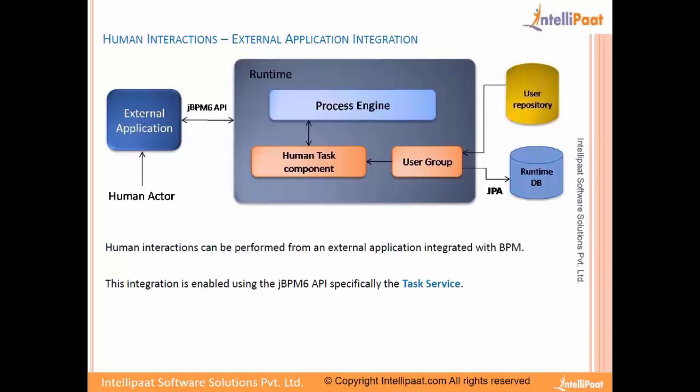The remote Java client makes use of the KIE API objects like KIE session and task service. These are the objects, the same interface, used to interact with the REST service internally and connect to the process engine.